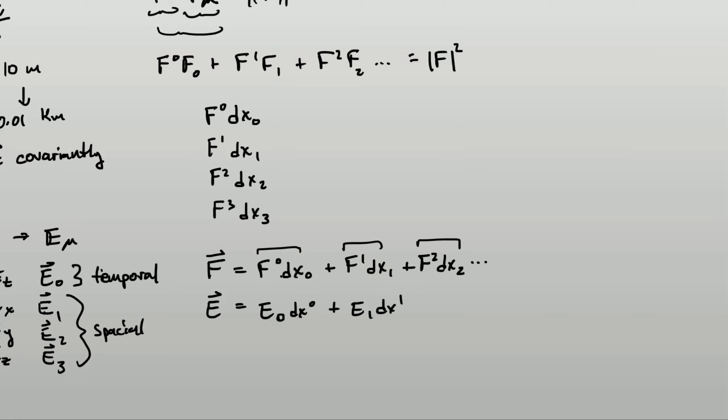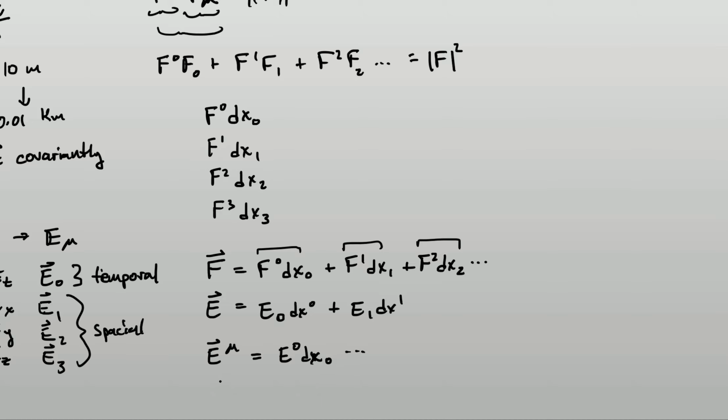So the basis on this f are covariant, and the basis on this e are contravariant. But again, there's nothing stopping us. If we went e mu like this, there's nothing stopping us from doing E0 dx0 and so on.